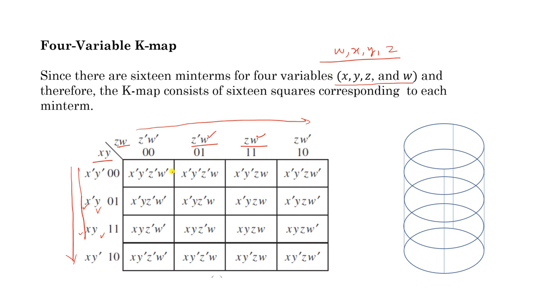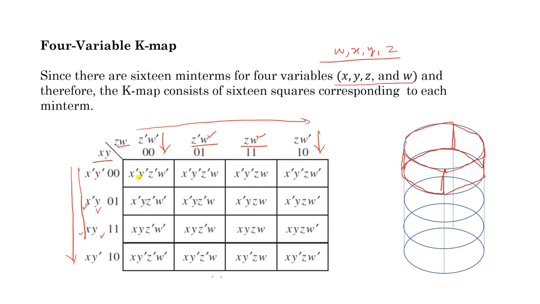Okay. Now the second thing, this is a rectangle and you have to assume that this rectangle is framed on a cylindrical surface. This cell corresponds to this one, this first cell, the second one corresponds to this one, the third corresponds to this one, and the fourth corresponds to this one. In this way, if you imagine this, then you will find that the last column is adjacent to the first column.